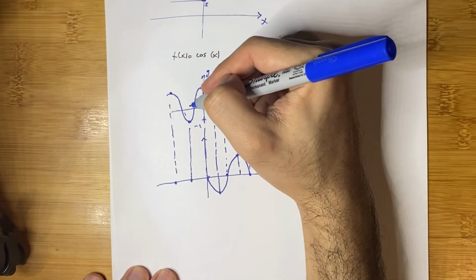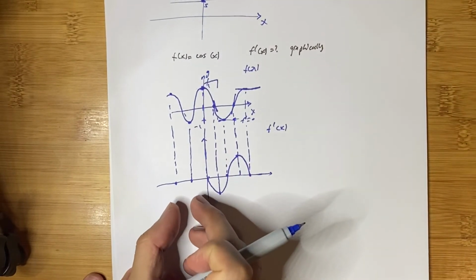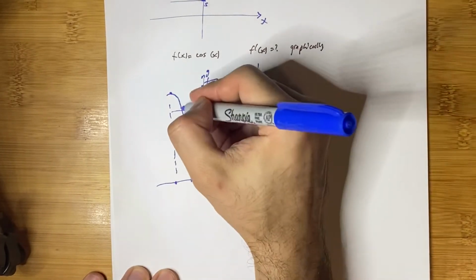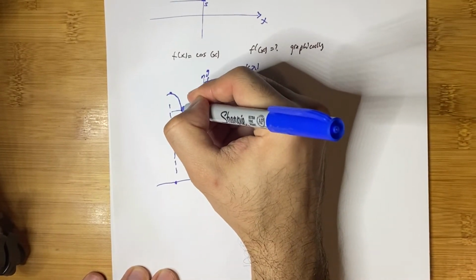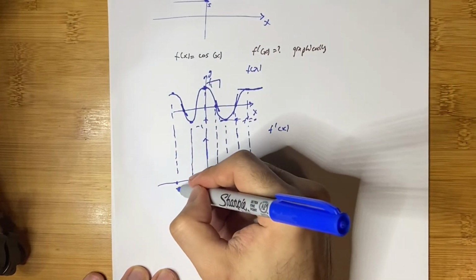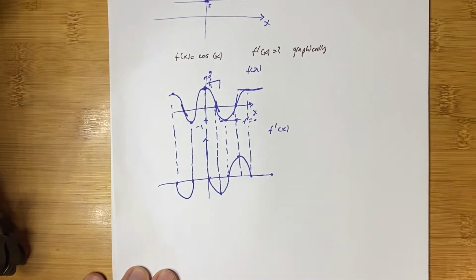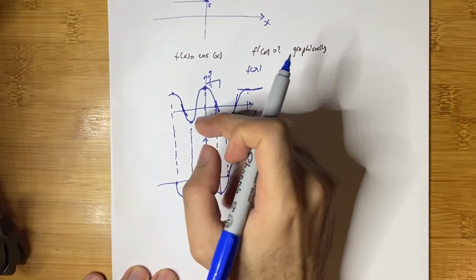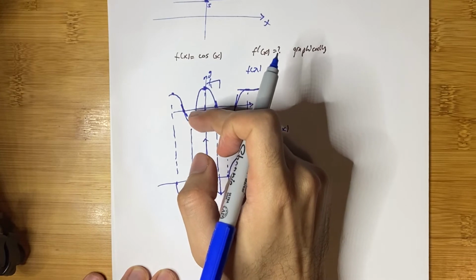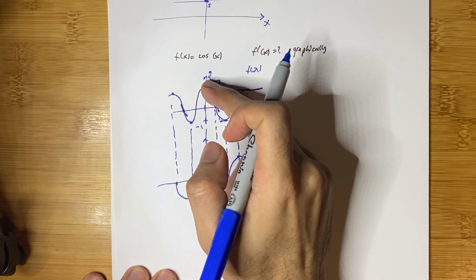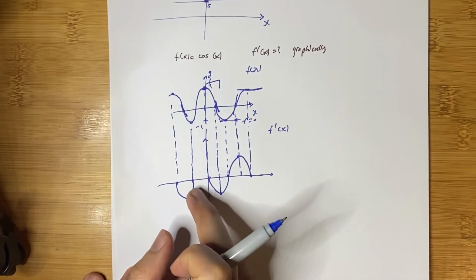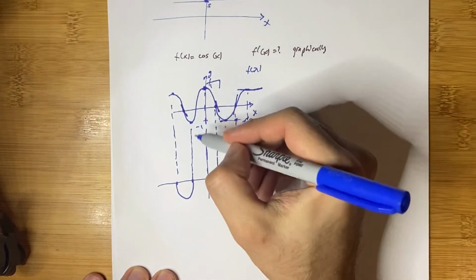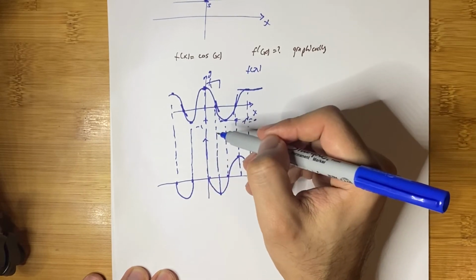It tells us that the values are negative, so f prime will have negative values. But here this is the most negative point, so that will be something like this. And again here this is positive, since here the value of f of x is increasing. That tells us that the slope here, f prime of x, is going to be positive.